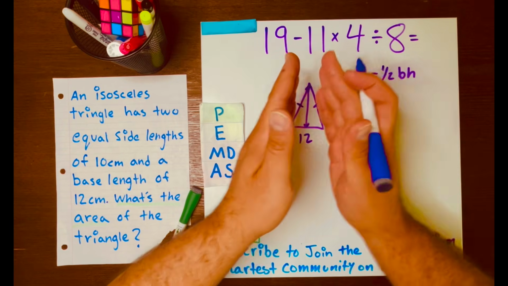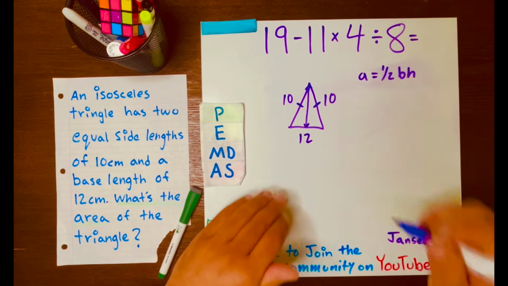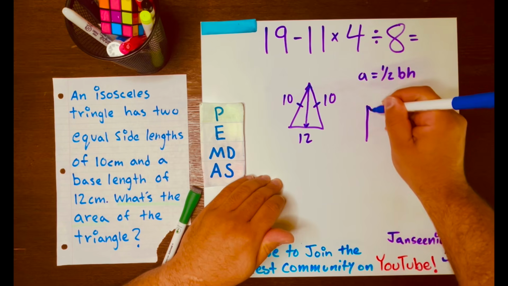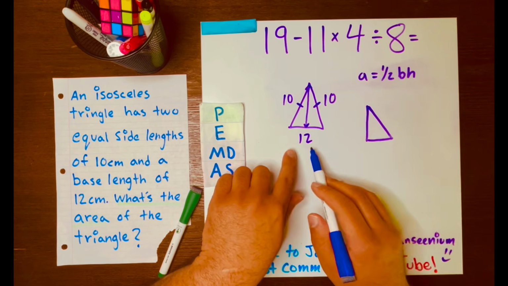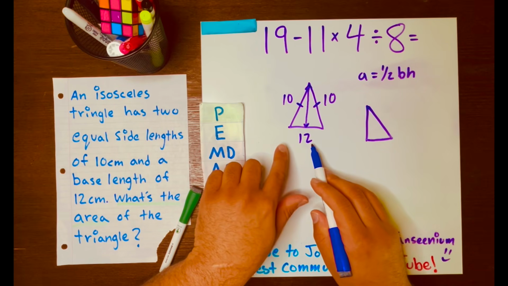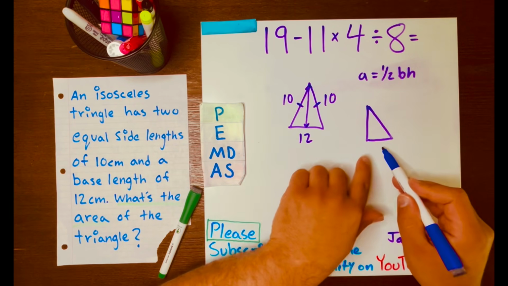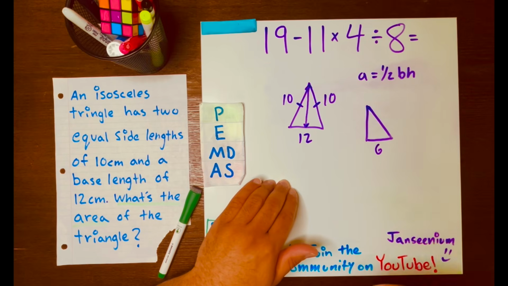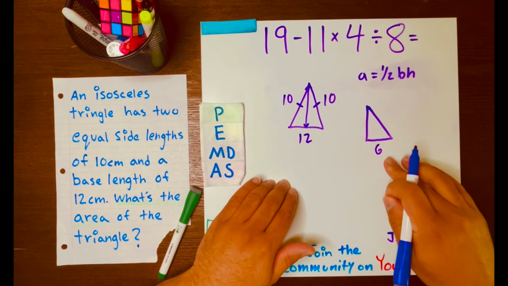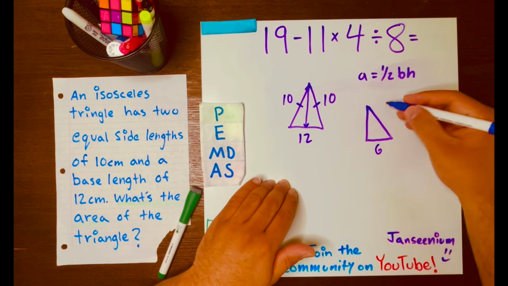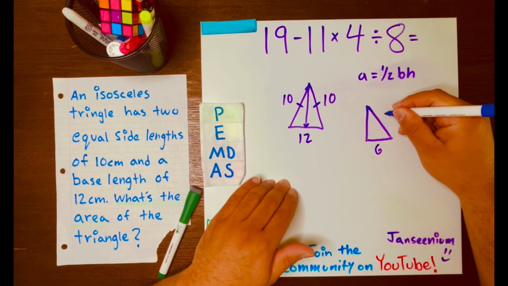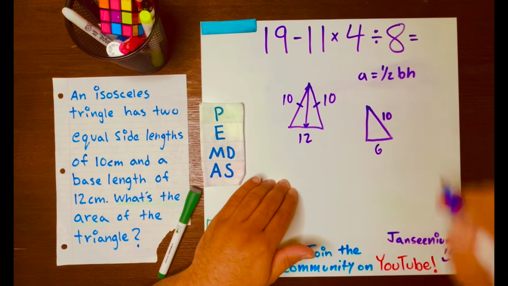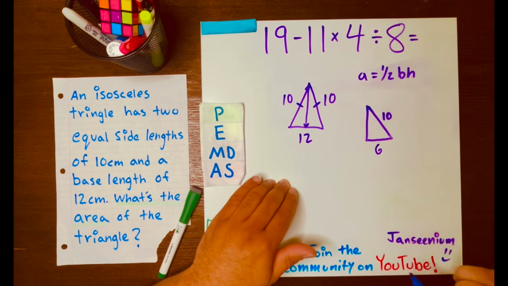And notice how I split the triangle in half. So we have a right triangle. And if the base is 12, that means half of that is 6, right? So now we have the base, we have the hypotenuse, that's the 10, that's the diagonal side.